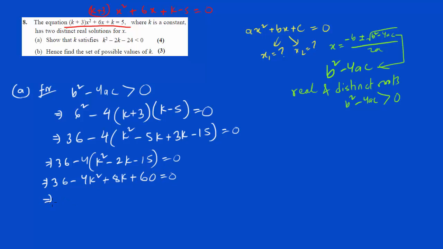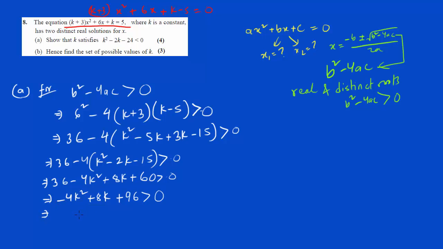So this is going to be minus 4k squared plus 8k plus 60 plus 36, which is plus 96. I wrote an equal sign, but this should be greater than 0.